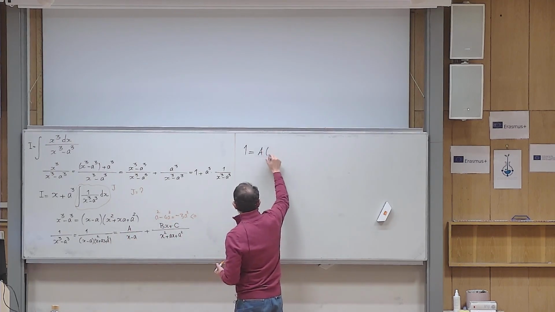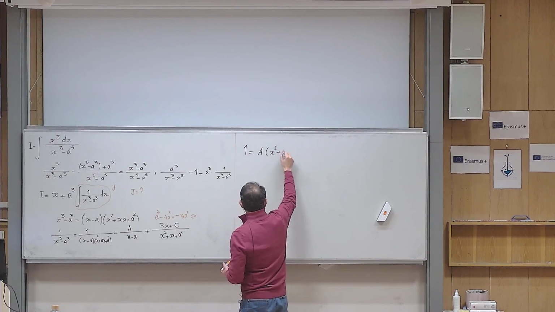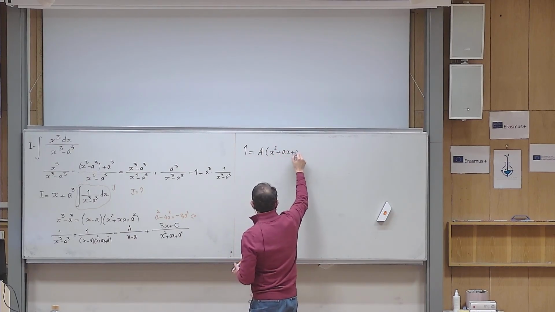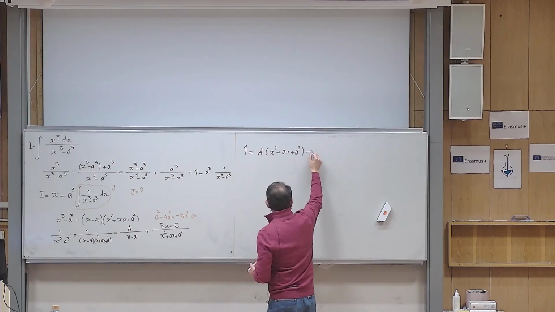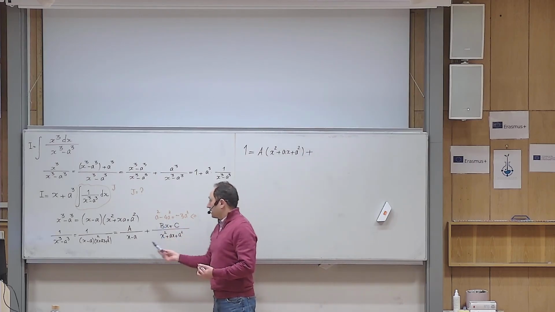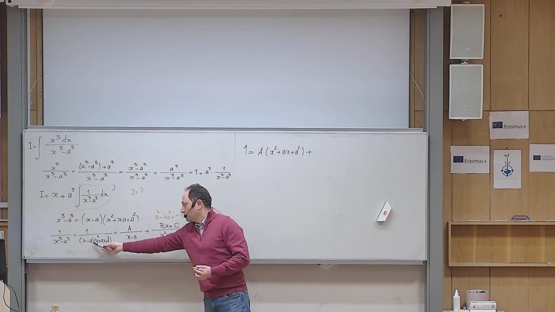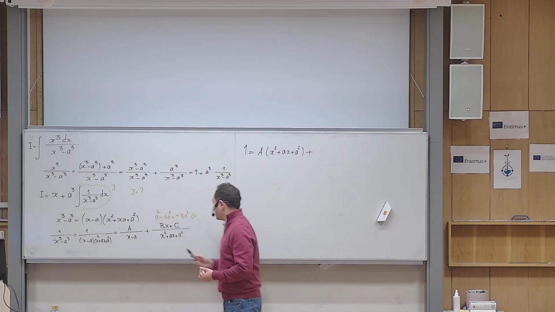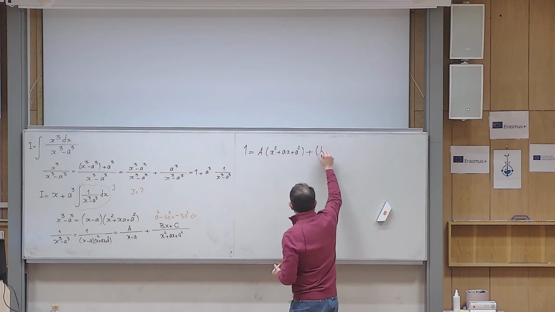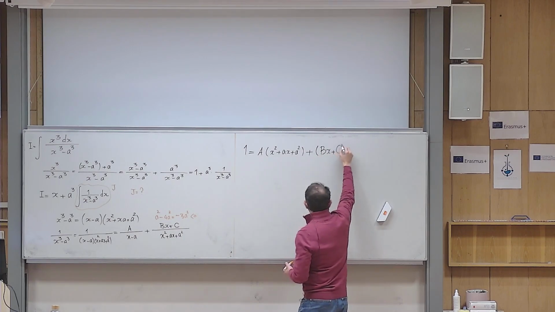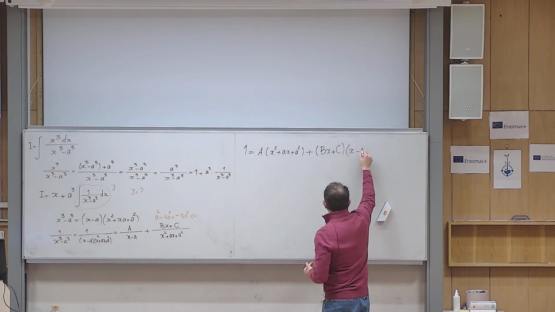This becomes A times x squared plus ax plus a squared. And then plus, when I multiply this fraction by the same factor, this time this will cancel that one. X minus a is left, which is supposed to be multiplied here. So it becomes Bx plus C multiplied by x minus a.